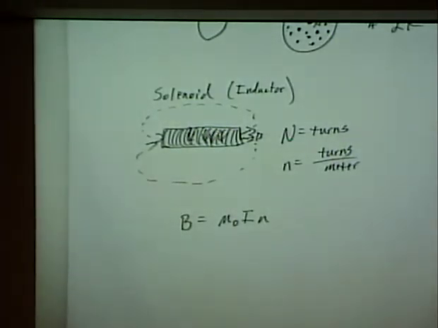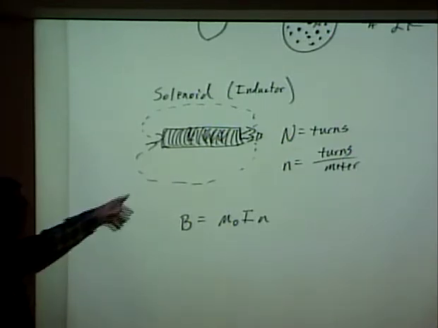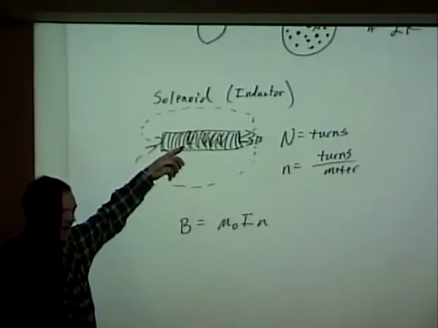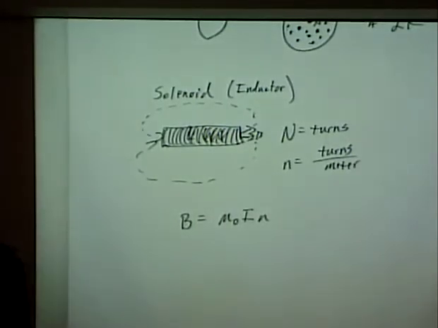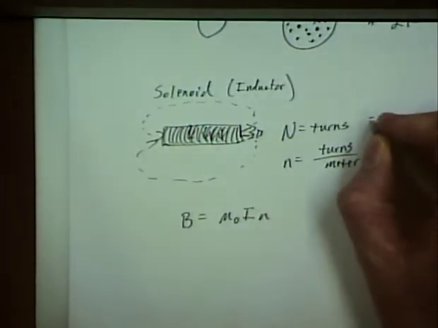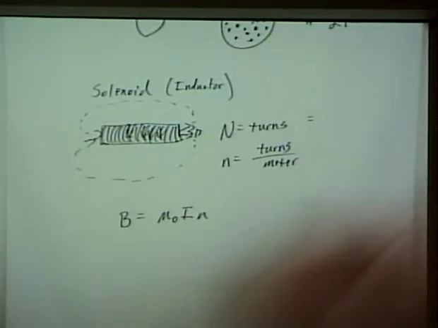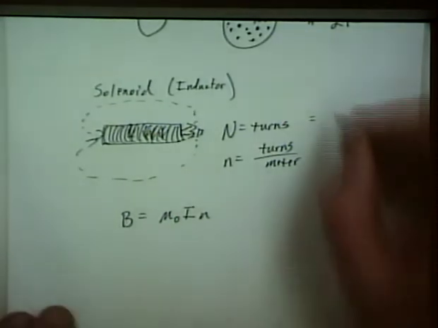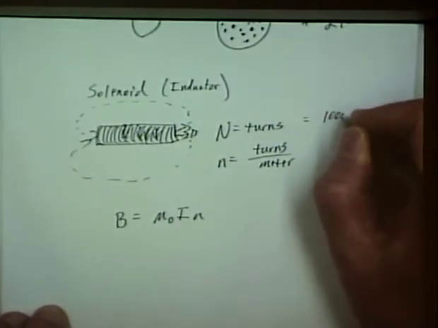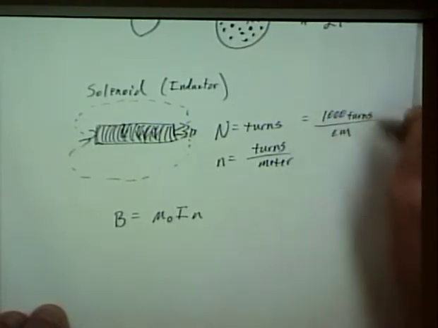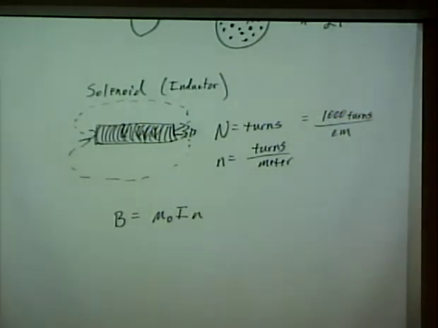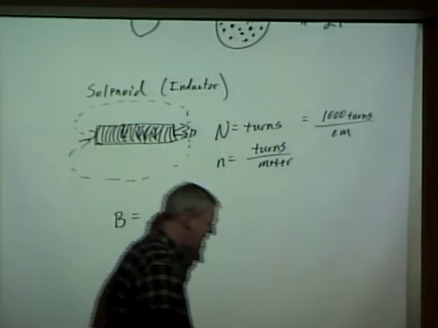But before we get into that, let's say I've got one solenoid that looks like this. The amperage is going down. And let's say I've got 1,000 turns per centimeter. That's big N, 1,000 turns per centimeter.